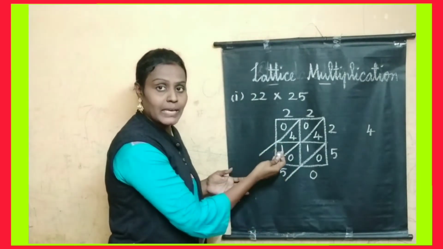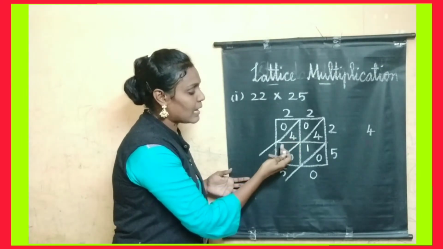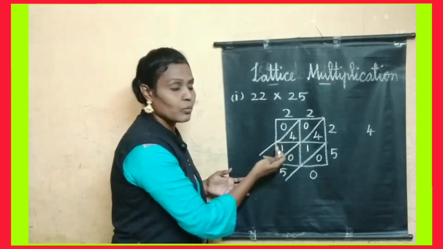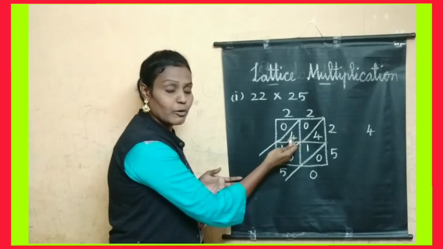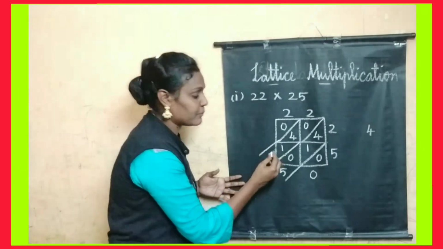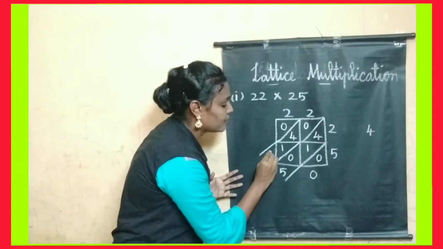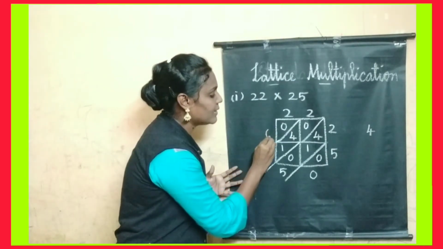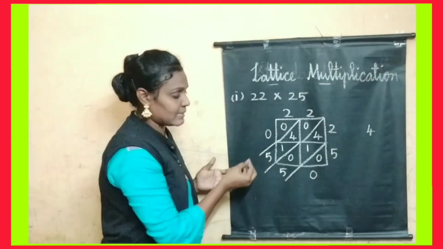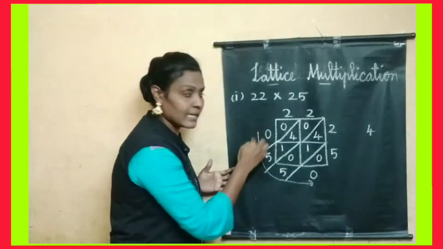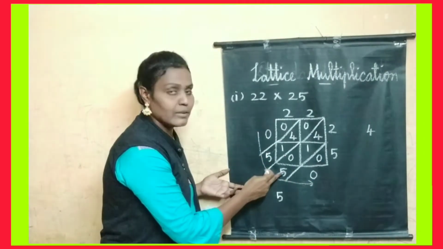Next diagonal we have 0, 4 and 1. 0 plus 4, 4. 4 plus 1, 5. Right? 5. Next diagonal has only 0, so write 0. So the answer has to be written starting from the top side, 550.